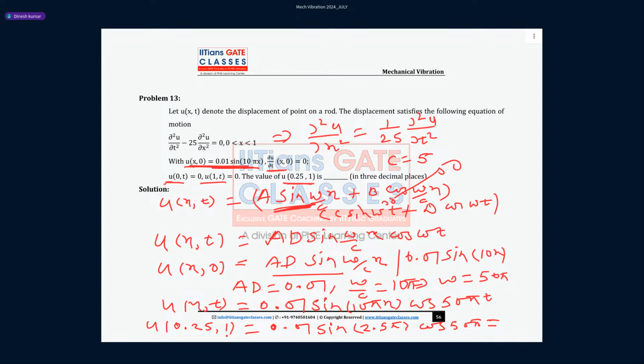They asked questions from 2D only. So this year you can expect a question from continuous system, and this was one of the good questions. It was a simple question, and it is also common with your mathematics for partial differential equations. So what is the answer finally?